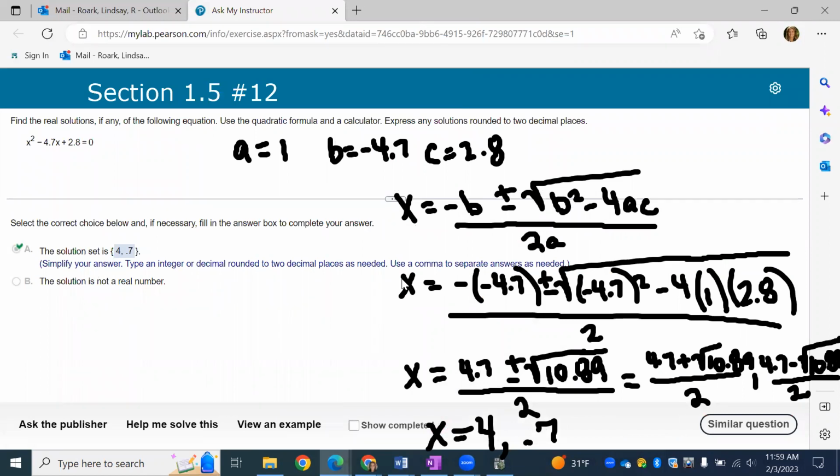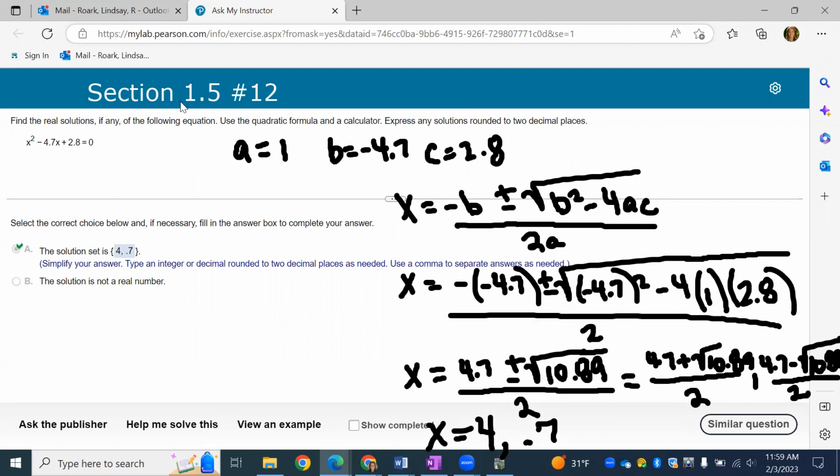A few things that you want to keep in mind: number 1, if you have to use your calculator to square a negative number, make sure you use parentheses. Also, something that was sort of new that you might not have had experience with for a while is that when we have to simplify 4.7 plus the square root of 10.89, all divided by 2, and also 4.7 minus the square root of 10.89 divided by 2, we want to be careful, because you could put it all in at one time.